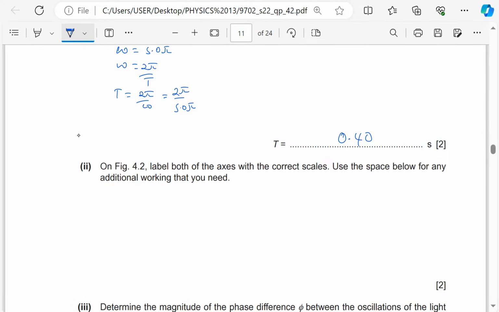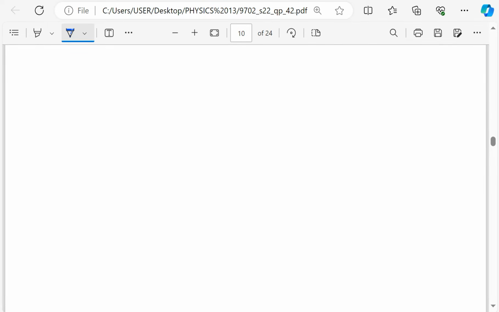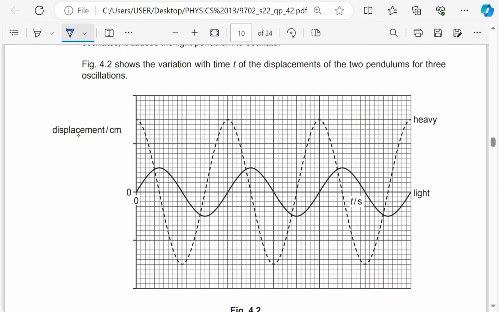On the figure, label both of the axes with the correct scales. Use the space below for any additional working that you need. So we already know that period is 0.40. Period is the time for one complete what? Oscillation. So this is going to be 0.4, this is going to be 0.8, those are two cycles, and this will be 1.2.